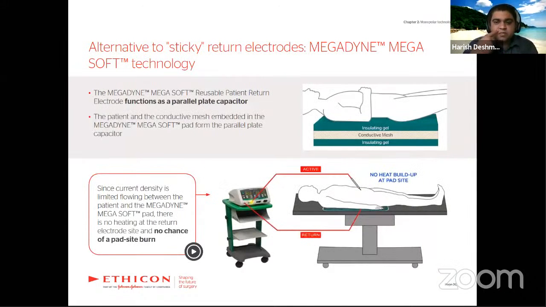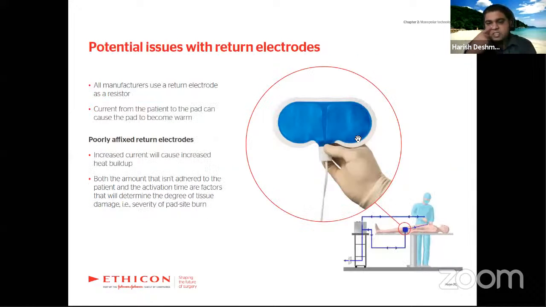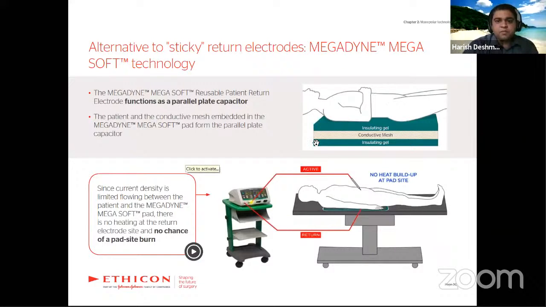We also have a different pad called the Mega Soft pad, which works on capacitance. This pad works on the resistance which is calculated. In the case of Mega Soft, which is our new brand of return electrode pad, it gives no chance of pad site burns, because there is no heat buildup.